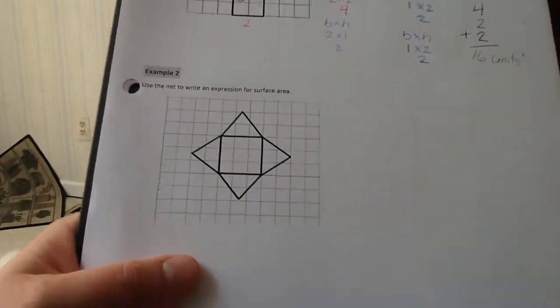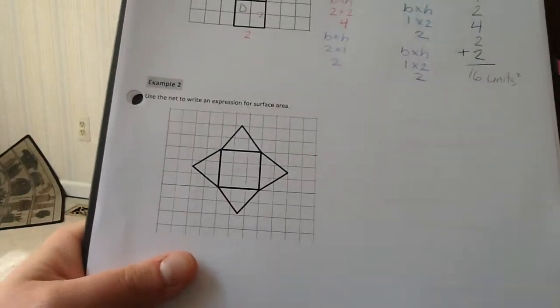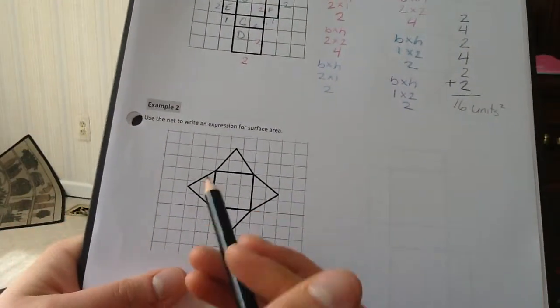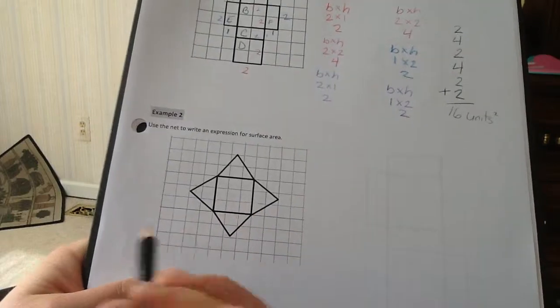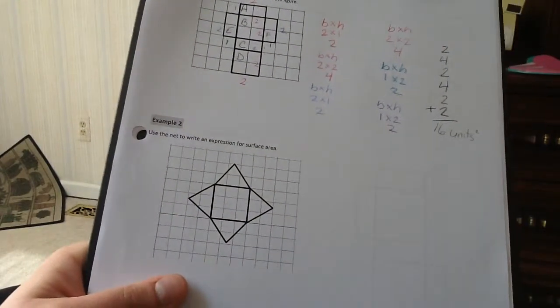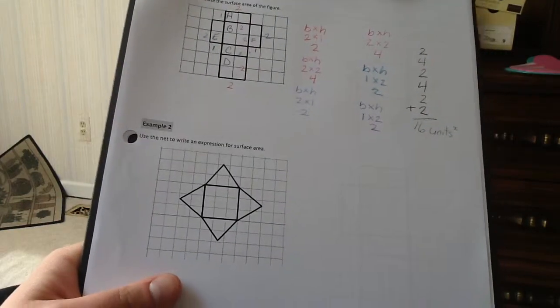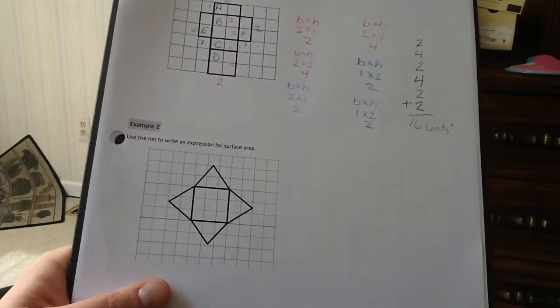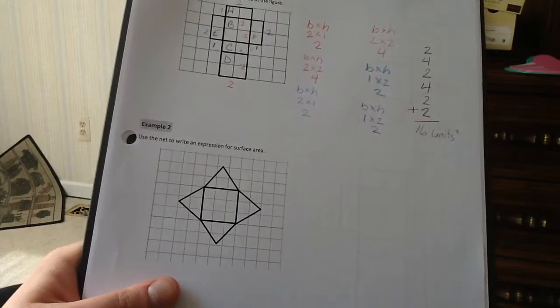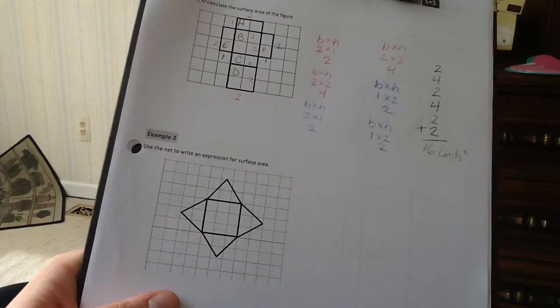Now when I come down to this shape here, the base is a square, and each of my sides are triangles, making this a square pyramid. So I do that in the same way. First, I go through and I label each of my shapes.